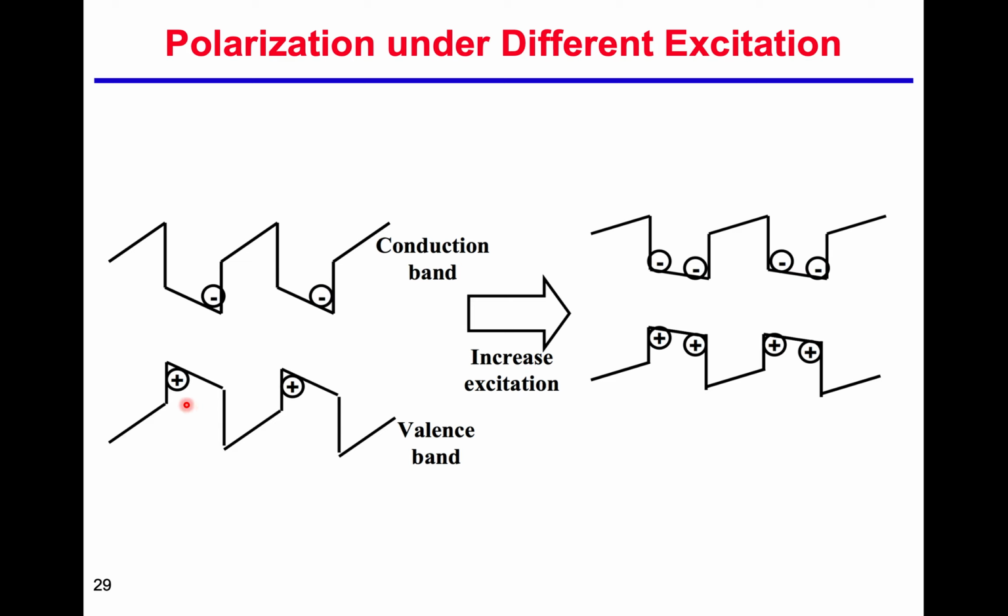On the other hand, for the valence band, they will go to the other side. So they are not in the same place. I mean, in the spatial domain, they are separate. That means the efficiency for radiative recombination is lower. But if we increase the excitation, with a higher current density, then they have the balance. They can have a higher radiative recombination efficiency.